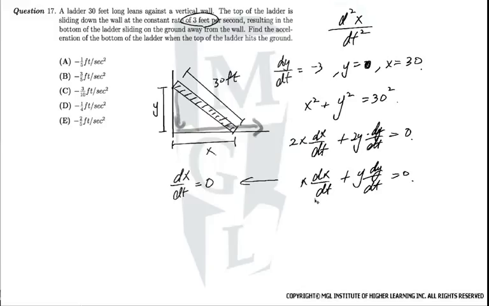Okay, derivative one more time. It's product rule. So differentiate dx, you get dx over dt, times the second part. x times differentiate dx over dt, you get d squared x, which is what we're looking for.